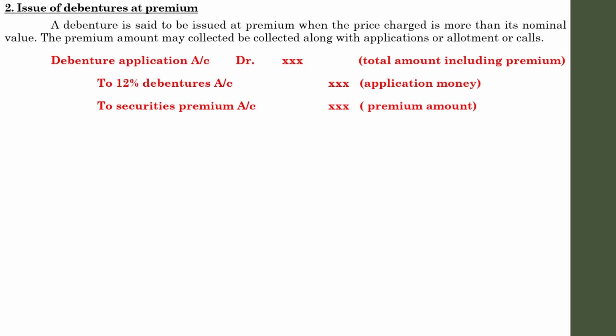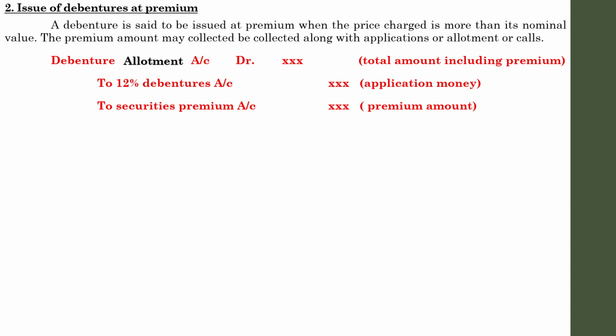But when the premium is collected along with allotment money, the entry will be debenture allotment account debtor to 12% debentures account to security premium account. There is not much of a difference. The only thing is, earlier it was debenture application if it is collected at the time of application money, or if the premium is attached along with allotment, the entry will be debenture allotment account debtor to whatever the entries that are shown here. That is a simple difference between collection of premium at the time of any of the installments.